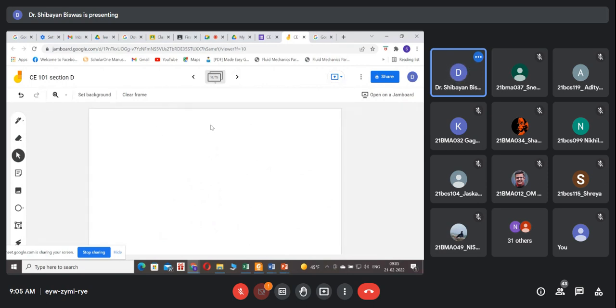Sigma equals E by R into Y. This was the expression we found in the last class, where E is the Young's modulus of the material, R is the radius of curvature of the neutral layer, Y is the distance of the layer from the neutral layer, and sigma is the stress in that layer, which is Y distance away.